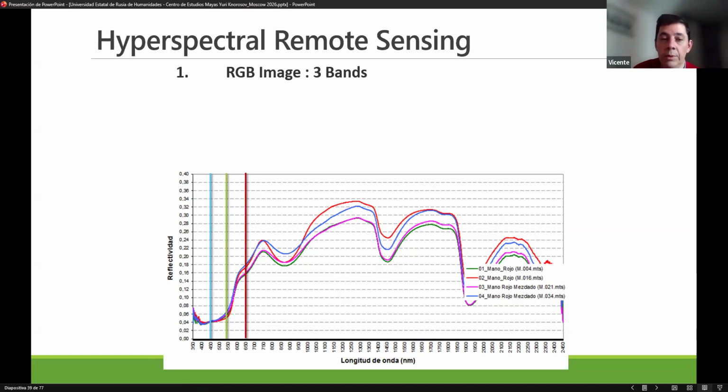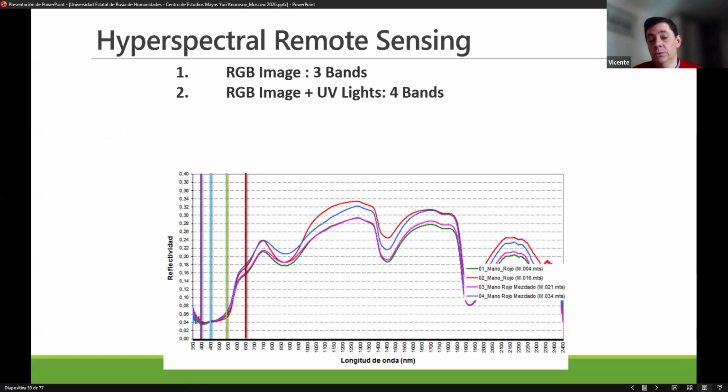A long time ago, people started using near infrared films or ultraviolet films. What they did was use 4 bands, with one ultraviolet or one near infrared, or 5 bands, and they usually improved the results of the drawings because there is some information not visible to the eye that is stored in this part of the spectra.